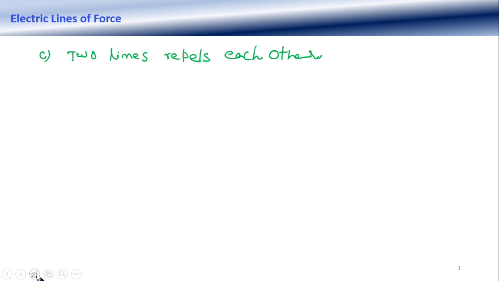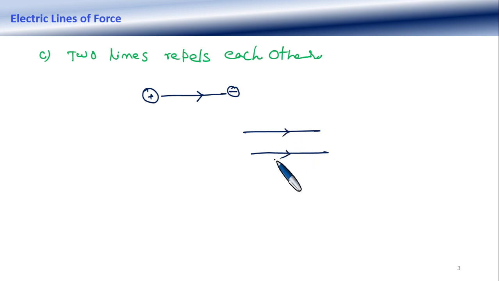This property explains the repulsion of electric charges. Say there are two charges, positive and negative. Okay, positive to negative, and we found that the lines are straight and stretched, like a stretched wire. Now say there are two parallel lines, A and B. The line A will exert some force on B and it repels.